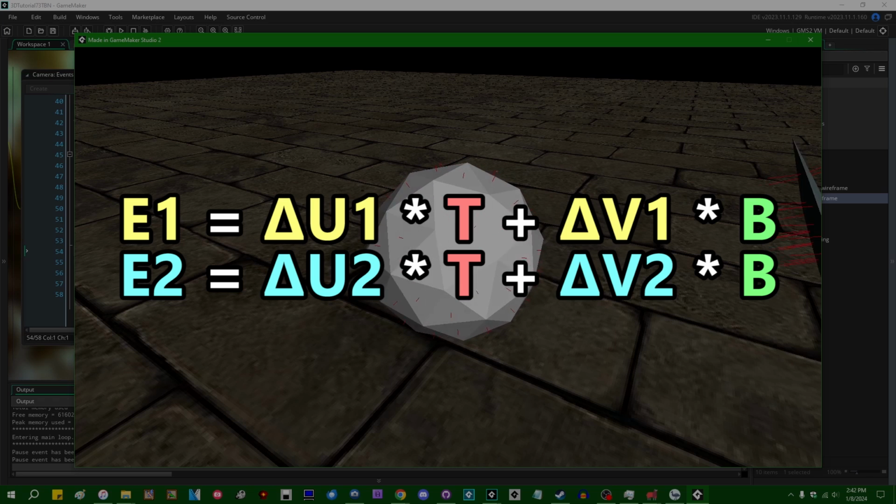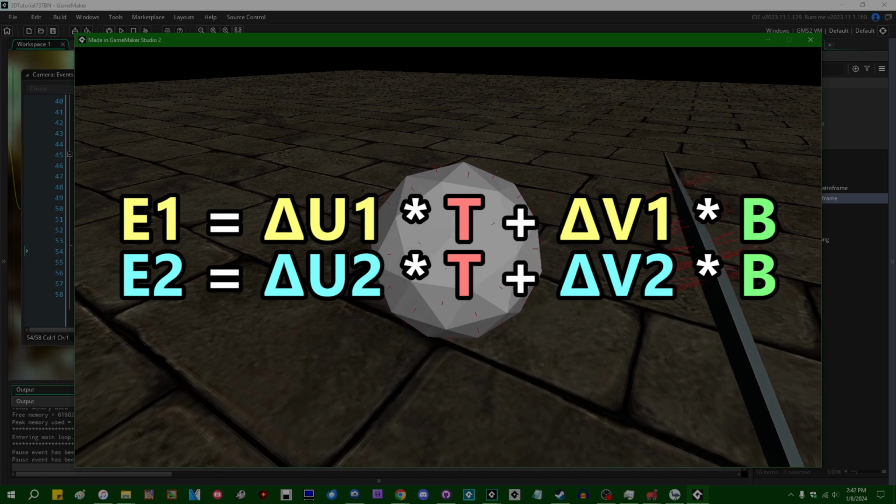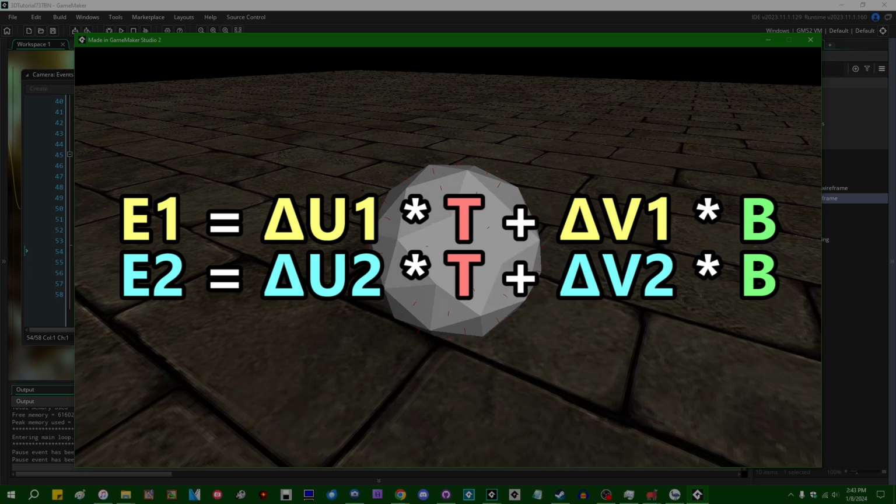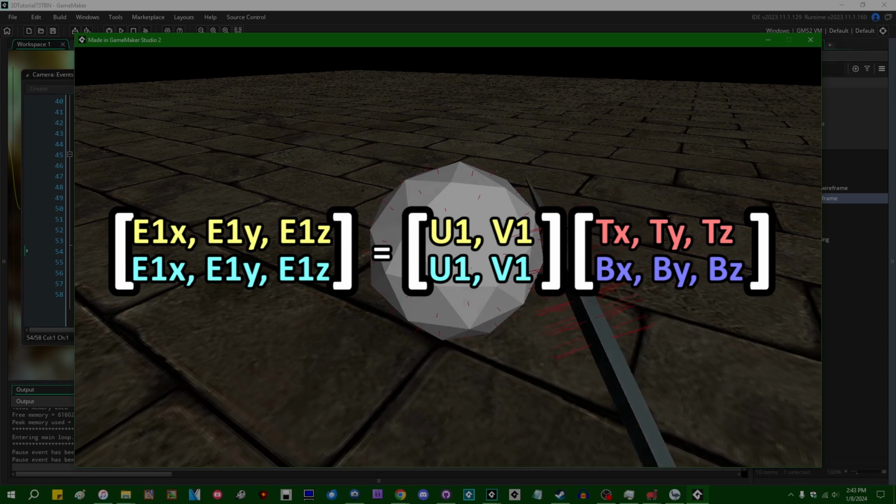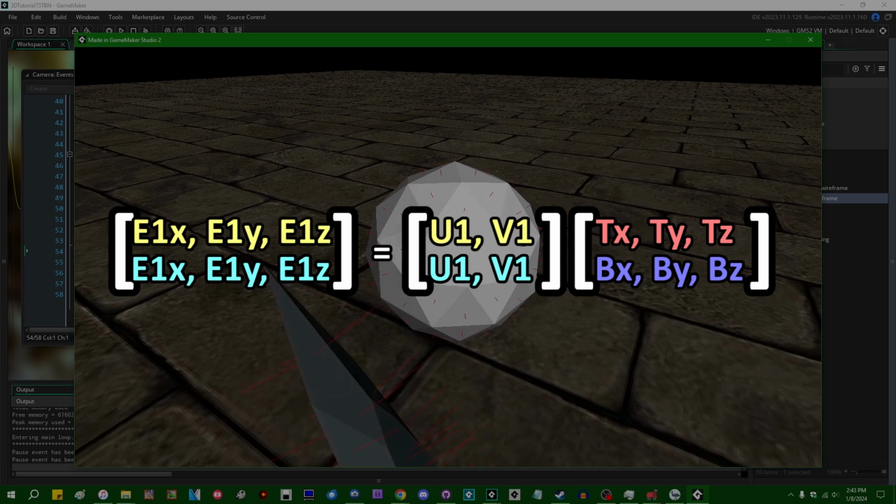And I don't know about you, but solving systems of equations wasn't the most fun I ever had in math class in high school. But fortunately, people who are smarter than me have already done this work, and by doing some tricks such as substituting matrices for some combinations of the vectors in this equation, and then writing out the components of each vector the long way, you can turn that system of equations into a single matrix operation.